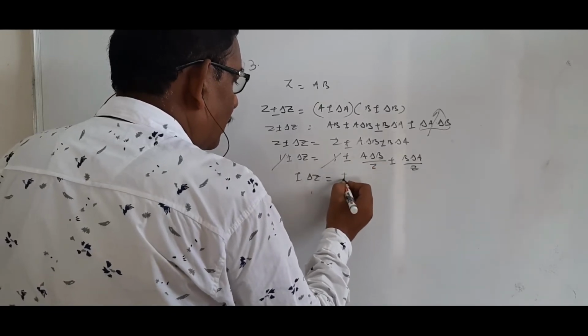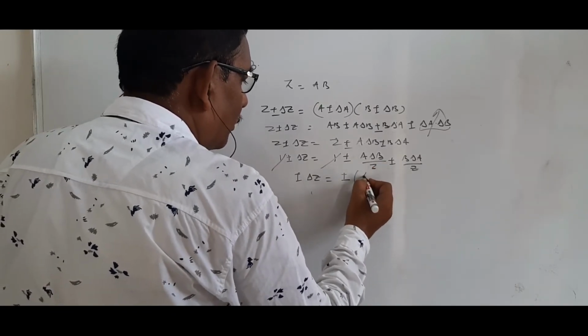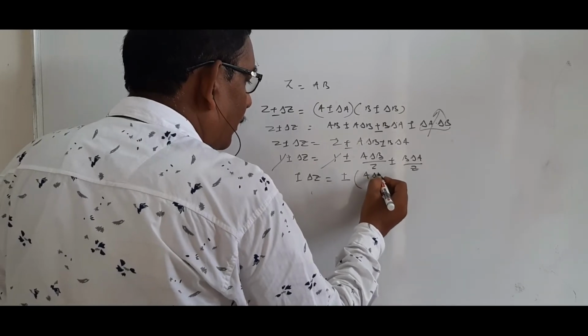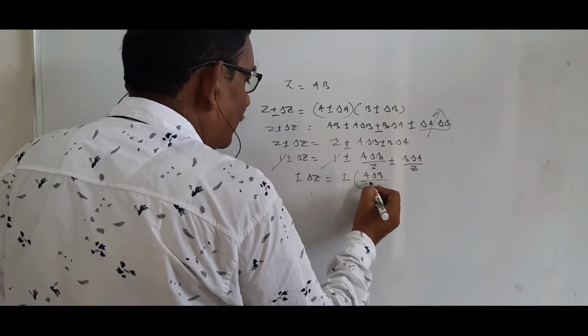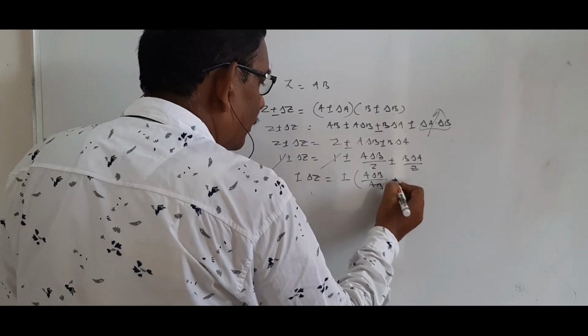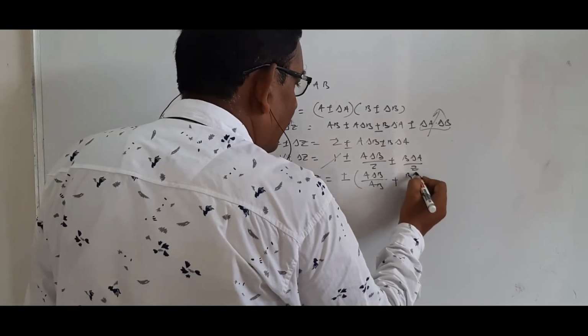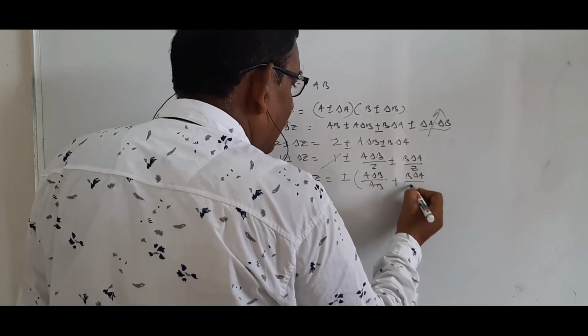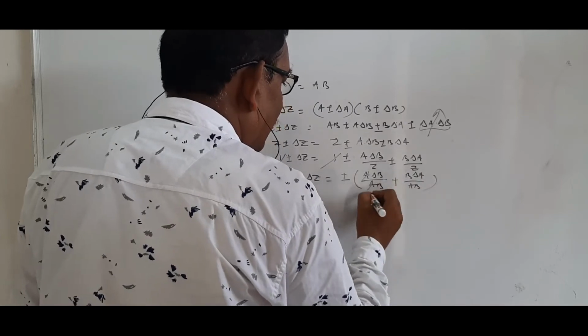So taking common this one, putting the value of Z, that is AB plus B delta A, it is your AB, cancelling AB.